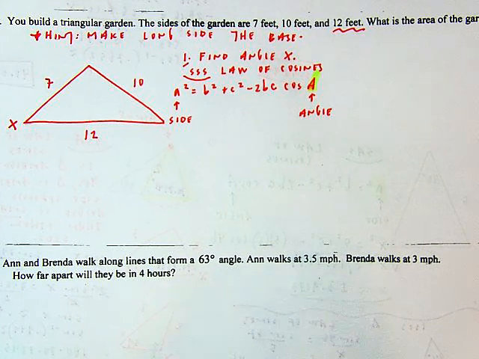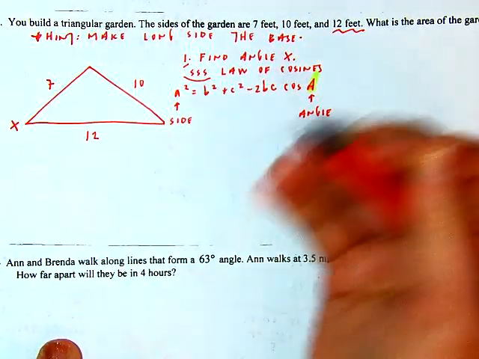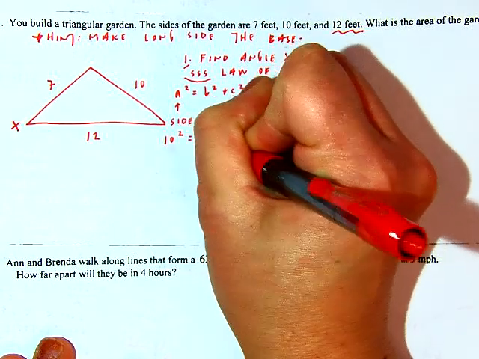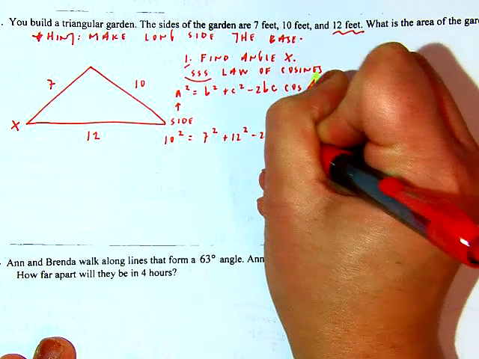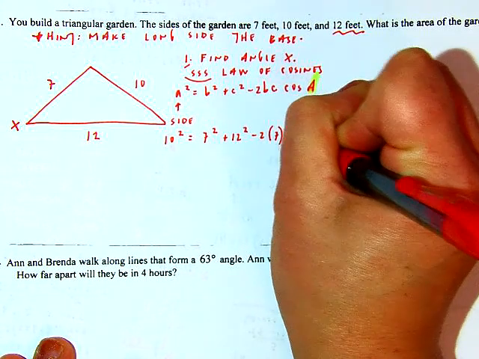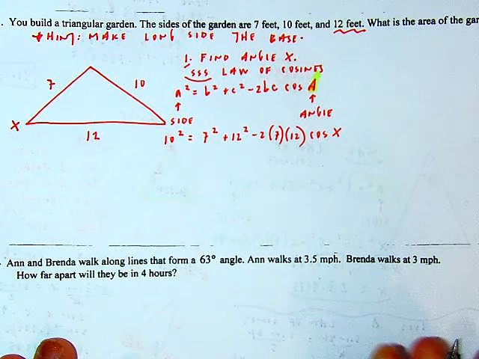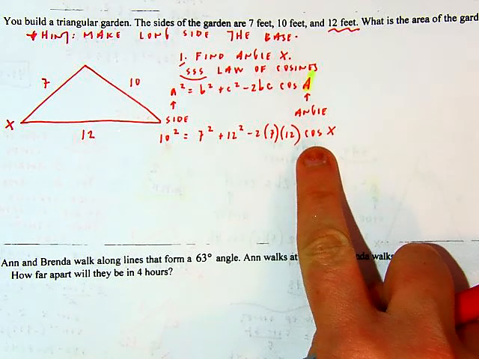All right, so plug it in. What's opposite the x is the side that's 10. So I have 10 squared equals 7 squared plus 12 squared minus 2 times 7 times 12 times cosine x. Now I have to do a little work to get to the cosine x all by itself.